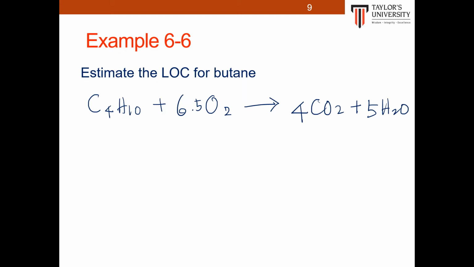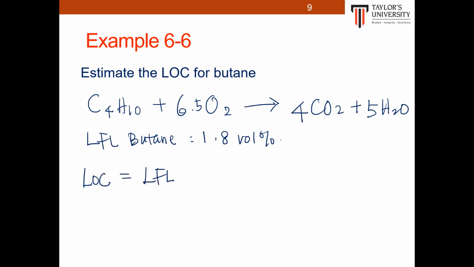We also want to know the LFL of butane. You can get this from the table in Appendix B, and you will find that the LFL for butane is 1.8 volume percent. So the formula is LOC equals LFL times the moles of oxygen over total moles of fuel.